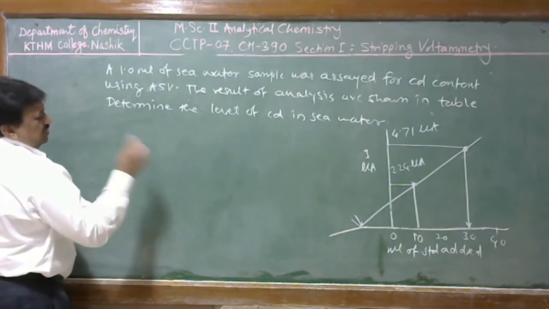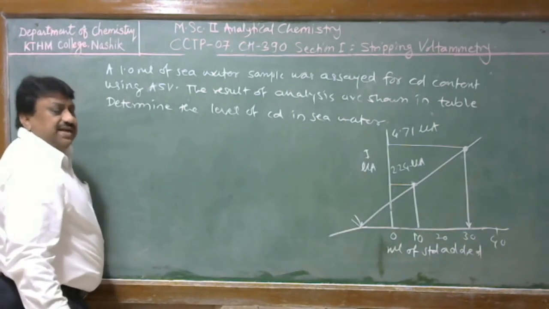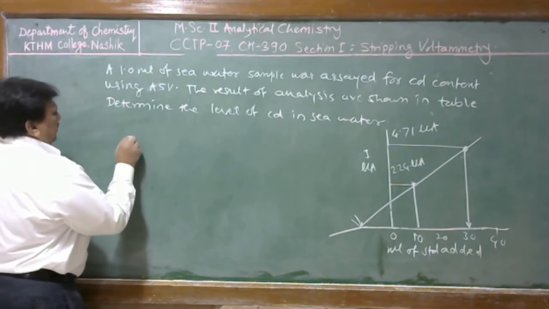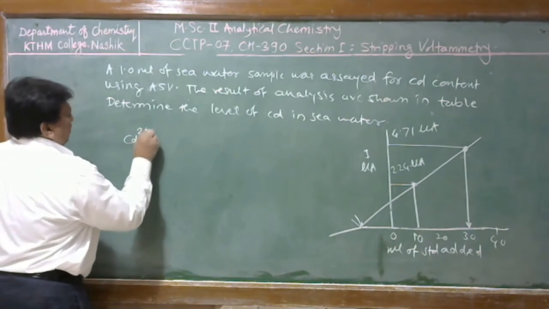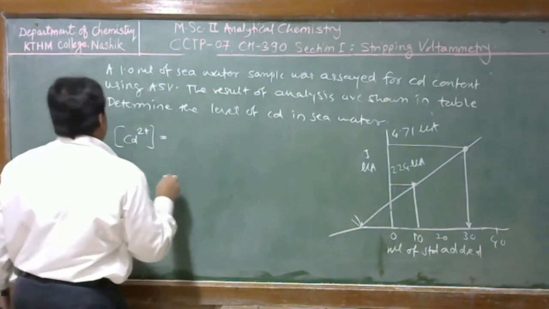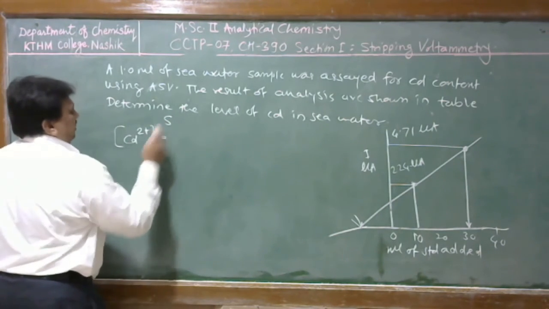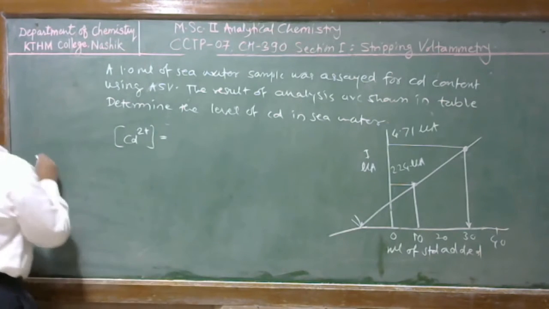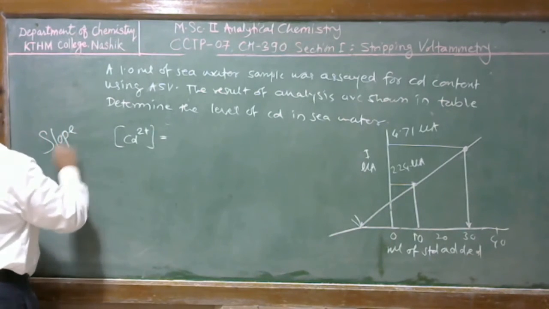This problem is also based on the standard addition method, but we can find out the concentration of cadmium by using this formula, that is by means of the slope method. This method is called the slope method.